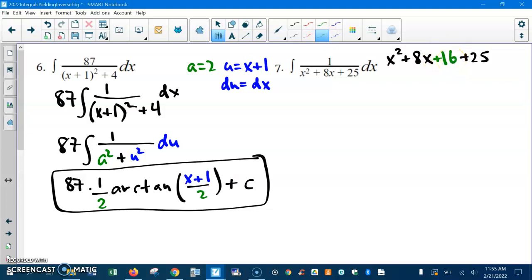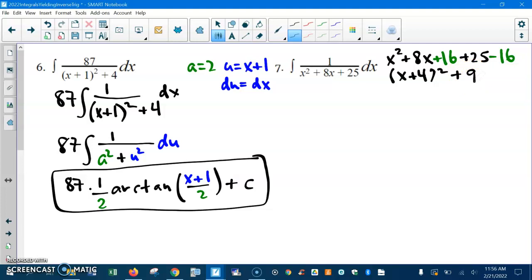But if I add 16, in order to keep this expression balanced, I have to then subtract 16. So x squared plus 8x plus 16 factors into the perfect square of x plus 4 squared, and 25 minus 16 is 9. So the denominator is mathematically equivalent to the quantity of x plus 4 squared plus 9.